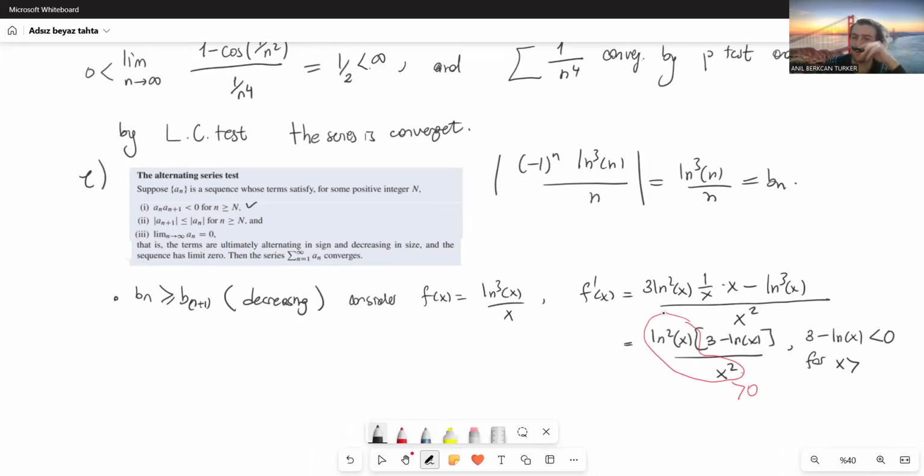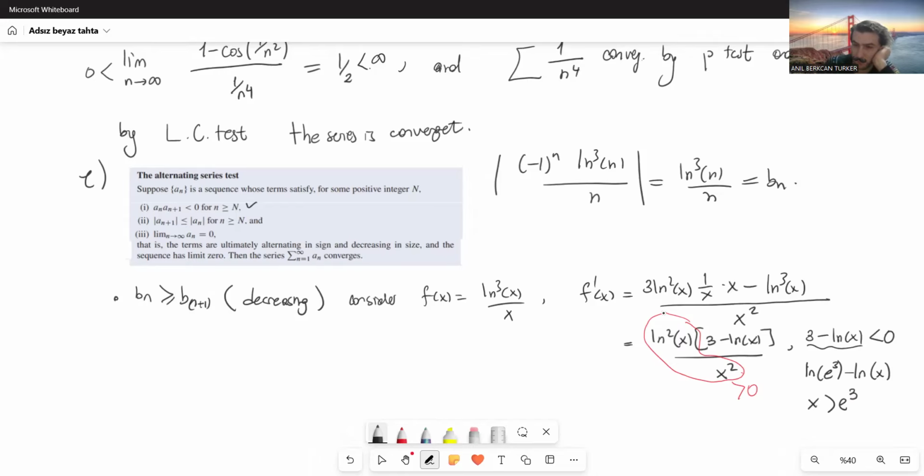I can directly write it, but let us analyze. This can be written as ln e to the power 3 minus ln x. Now, if x is bigger than e to the power 3, okay, now we are fine.